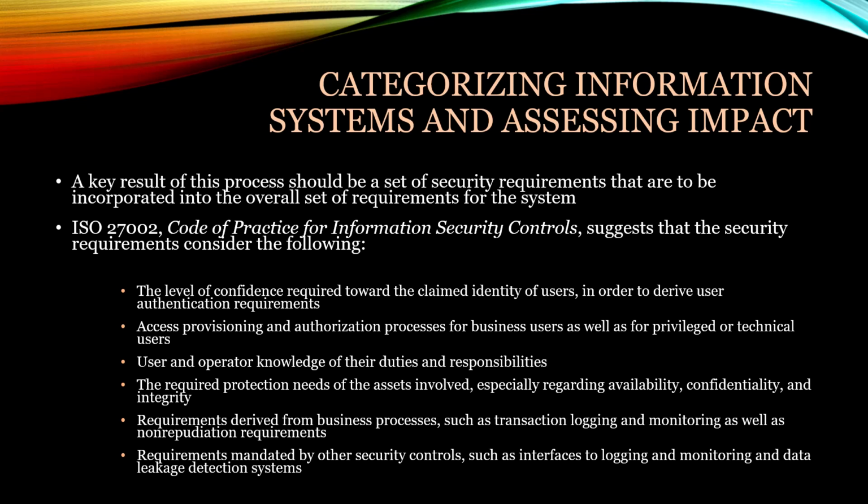And lastly is a requirement mandated by other security controls such as interfaces to log and monitor for data leakage or protection or outside scope content or even just back-end access. So there are requirements for building in security for accessing data, reviewing data, and just how those systems interact with one another.